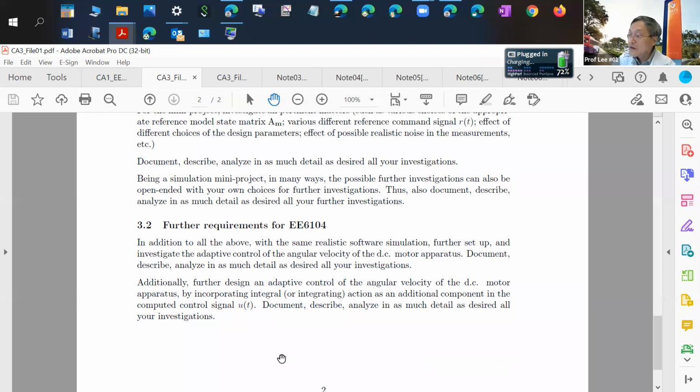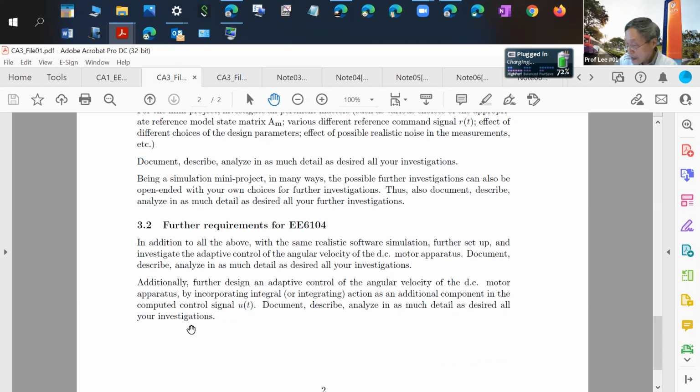Then I said, I want to do more. In this angular velocity adaptive control, I want you to now add in integral control action. The whole idea of your control systems, because all of you told me you know control systems very well, is that the augmented system has to come up, with the augmented state variable.